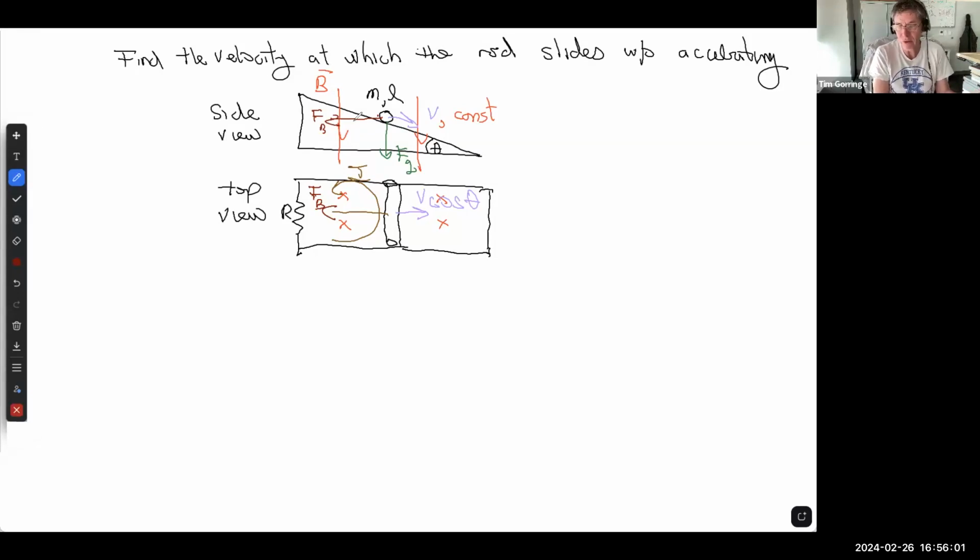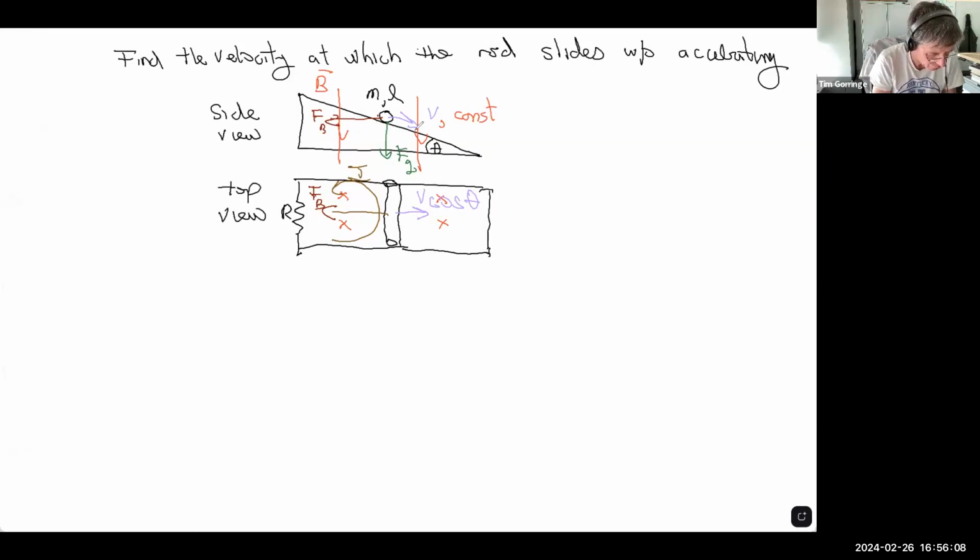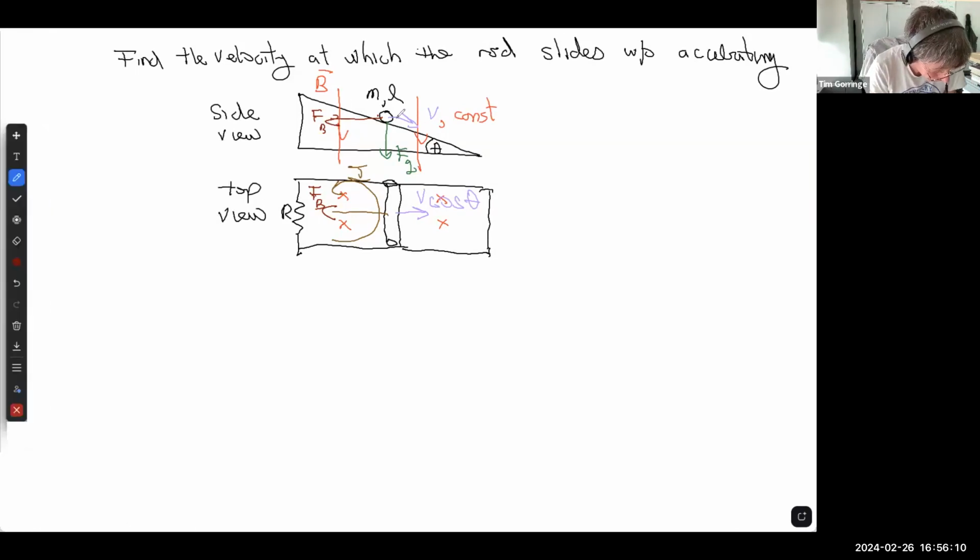Now, one of them's horizontal, one of them's vertical, but each of them has a component along the direction of motion. So the component of gravity, I'm going to indicate this in green, is Fg sine theta down the incline. And the component of the magnetic force, again in brown, is going to be up the incline.